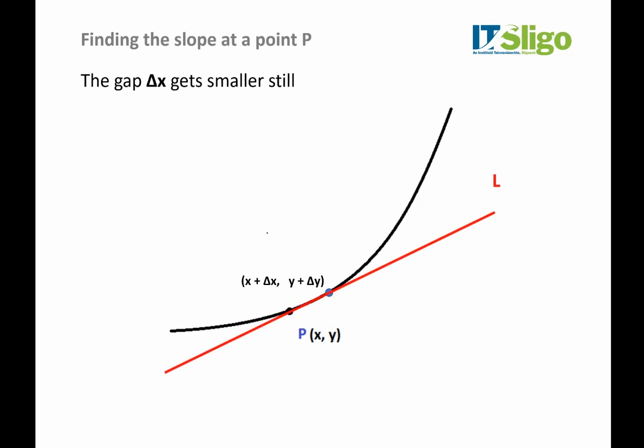And again, it's a line that's not a tangent yet, but we're getting closer and closer to L becoming a tangent. And that's what we want. We want to keep going until the gap between x and x plus delta x is so small that we can say it's negligible, and then we can say the slope of L is equal to the slope of the tangent, which is what we're interested in. So again, the slope of L is delta y over delta x.